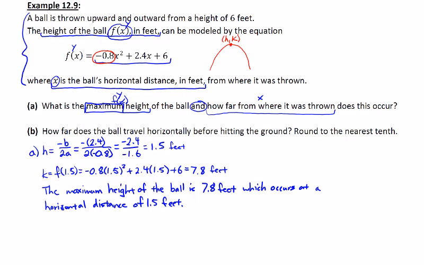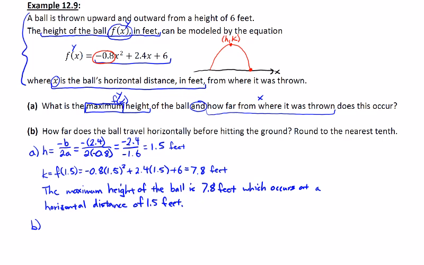So that's part A. Now part B says, how far does the ball travel horizontally before hitting the ground? So going back to that picture up there of the parabola that opens down, what I have depicted, if I go ahead and put a ground level in here, which we can think of as being the x-axis, then I'm representing this as a ball being thrown from the ground up to a maximum height, and then it ends up falling down and hitting the ground over here on the right.